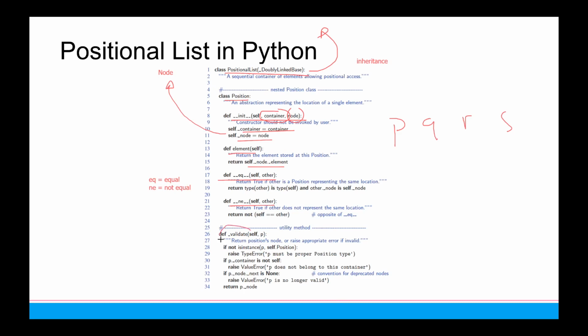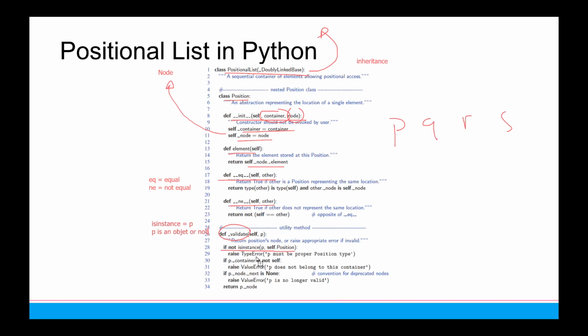We will have the validate. Validate means we want to validate whether the position is available or not. So if not isinstance, so if it is not in the position, isinstance, it is about how to check whether P is an object or not.